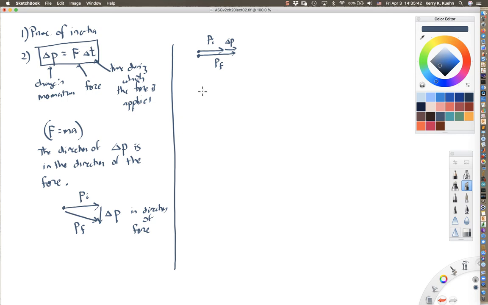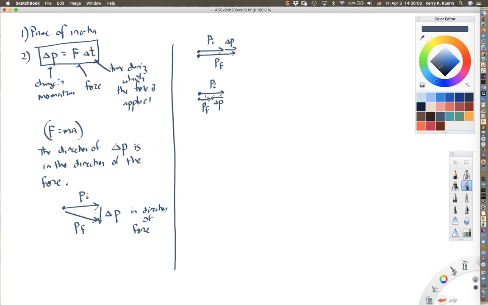Or we could have an initial momentum in this direction right here. If the initial momentum is that way, and we apply a force to the front of the hockey puck, it's going to slow it down. That means its change in momentum is in this direction. It's got a backwards change in momentum. And so as a result, the final momentum is going to be drawn like this.